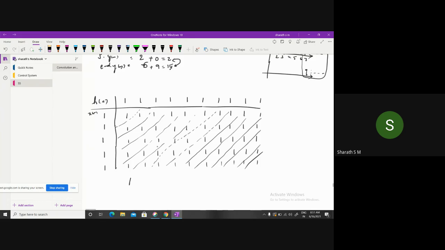So the first sample is 1, and then 1 plus 1 is 2, and then we have 3, then 4, 5, 6. Then 5, 5, 5, 5, 4, 3, 2, 1. So just add diagonally: 1 plus 1 is 2, 1 plus 1 plus 1 is 3, 4, and the same way 5.